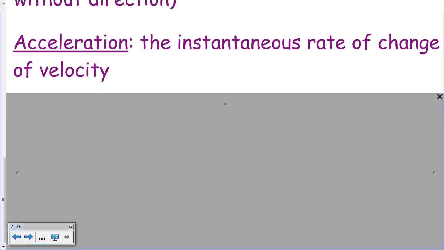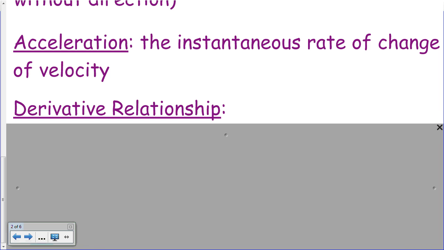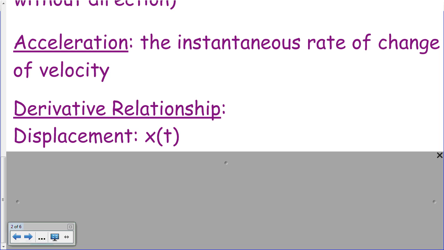All right, so as far as how these are all related, they're all related by derivatives here, basically. First thing we just said, if we call displacement here just some function x of t, which is how they'll usually define it in the book, they'll use the function called x, and my independent variable will be t for time.